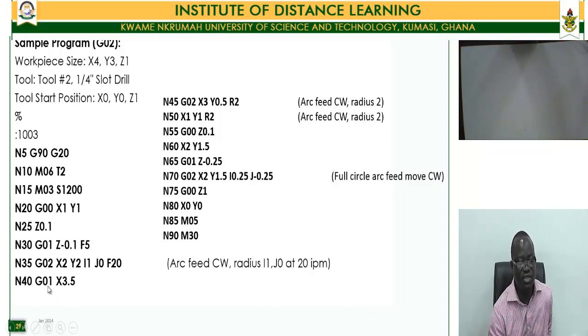J02 x3 y0.5, and this time instead of IJ you use R, which is the radius, and say the radius is 2.